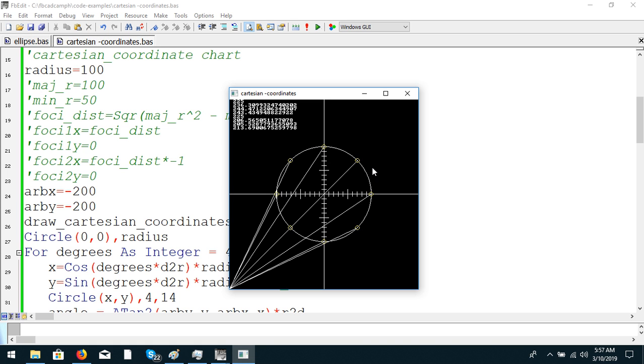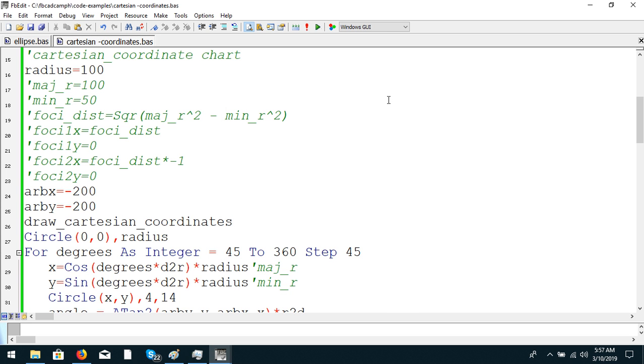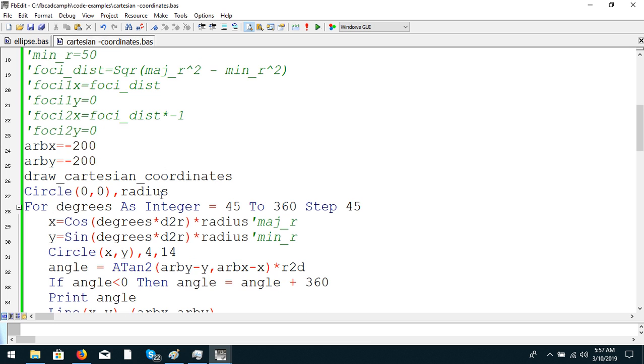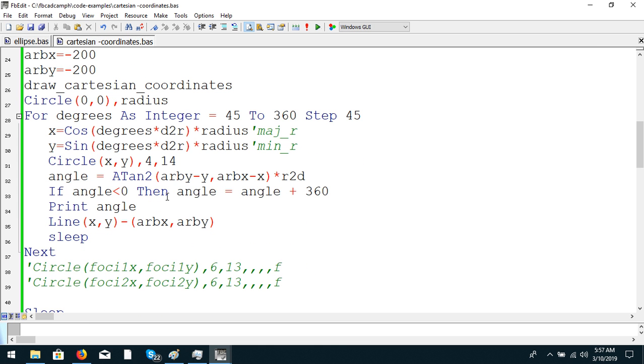So you can see that I can get the angle of a line as it goes from point 1 to point 2. So what do I have in here? I have point 1 is right here. That's point 1 from here to there to point 2.